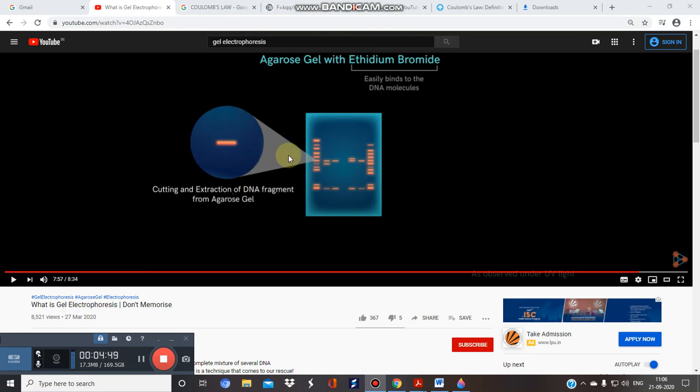Then, after identification of a particular type of DNA, the next step is we will cut this agarose gel fragment and subject it to the extraction process. Why? So as to isolate, because we have seen in our syllabus that this is an isolation technique also. So we will cut this band over here and subject it to the isolation part. This process is known as elution.